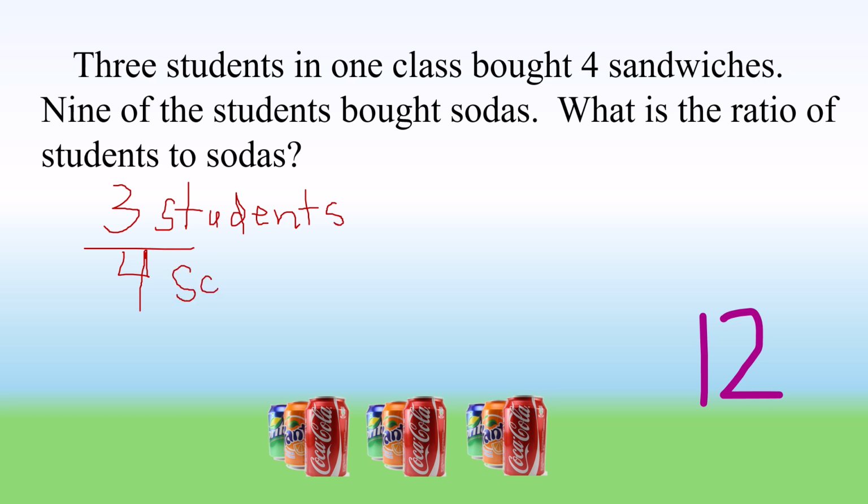If you were going to abbreviate, you'd have to put ST and SA or something like that, because that's what this means. 3 students, 4 sandwiches equals 9 students. You keep your elements the same.